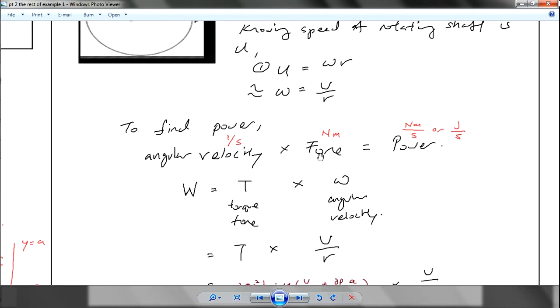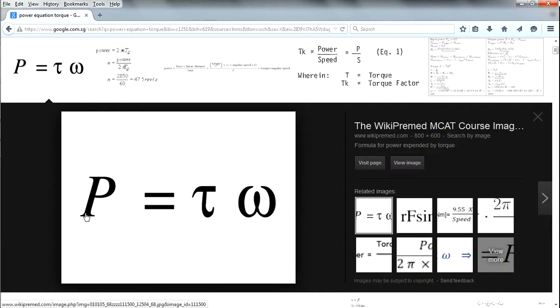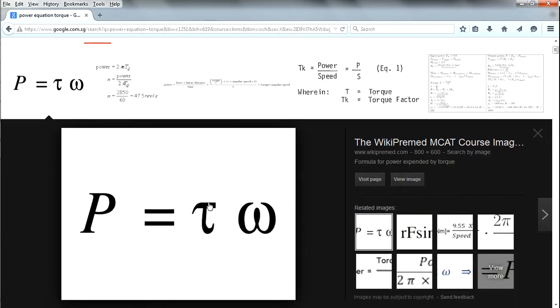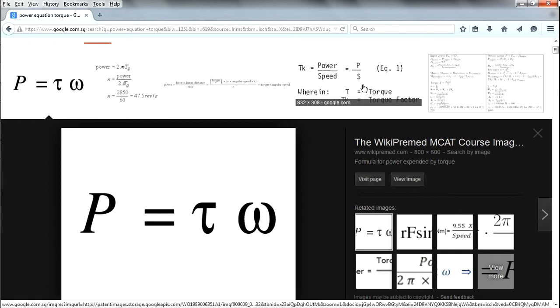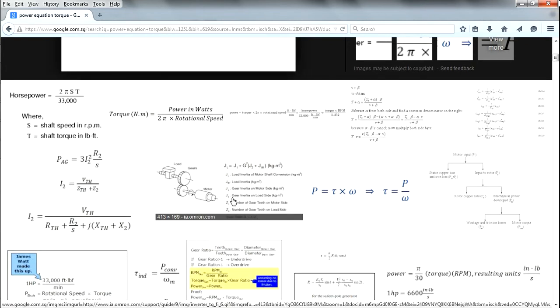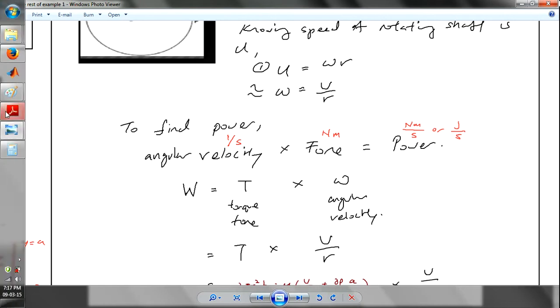So I should write it as torque force, not torque. If you doubt me, this is from Google: the power equals the torque times omega, the angular velocity. Just trust me. So power equals torque force times angular velocity. That's it.